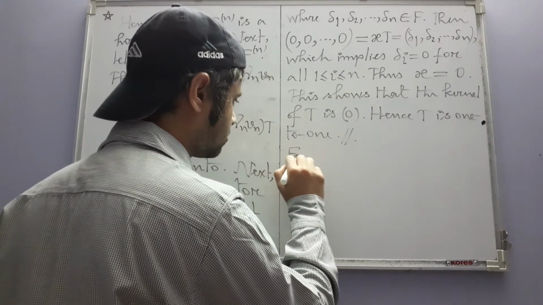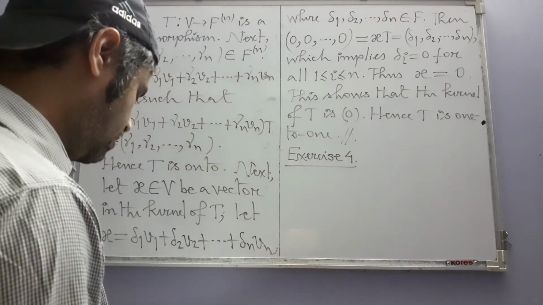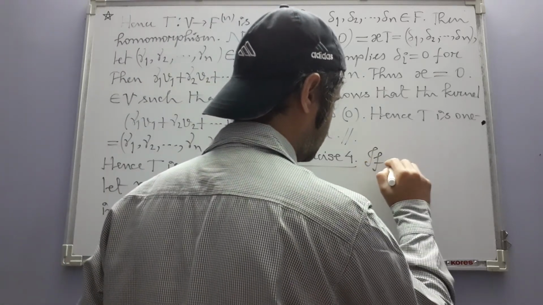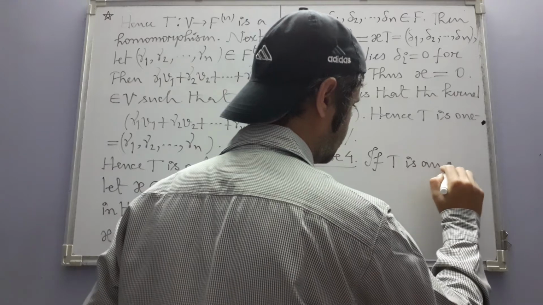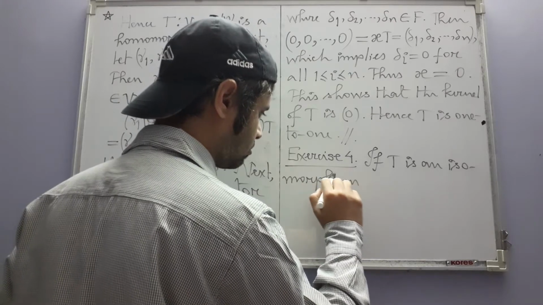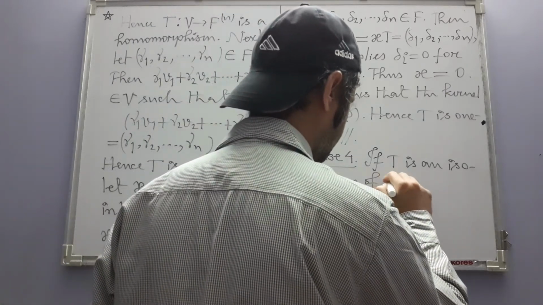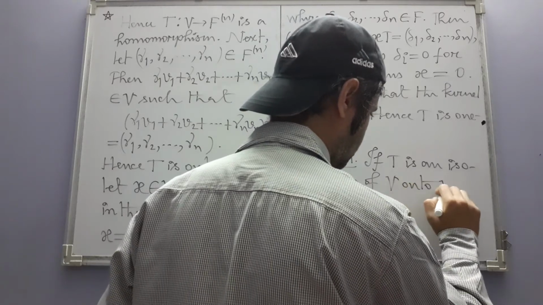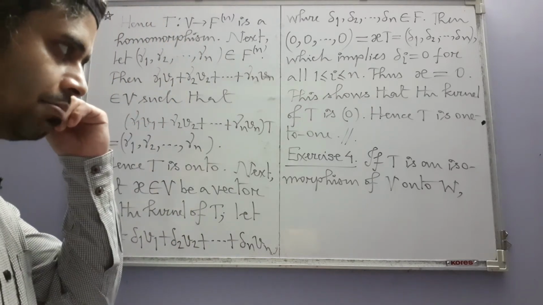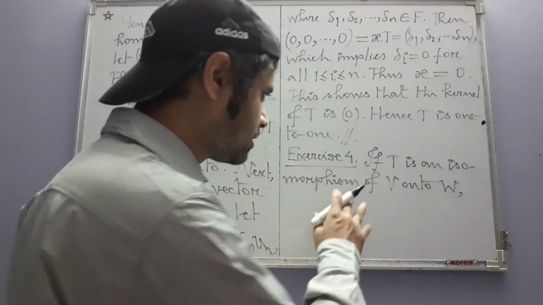Next, if T is an isomorphism of V onto W, okay, T is an isomorphism of V onto W. Since an isomorphism is given from V onto W, that means V and W must have the same field of scalars, because otherwise this would not make sense.